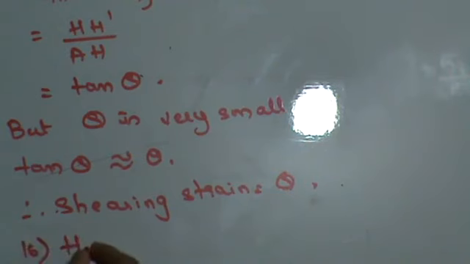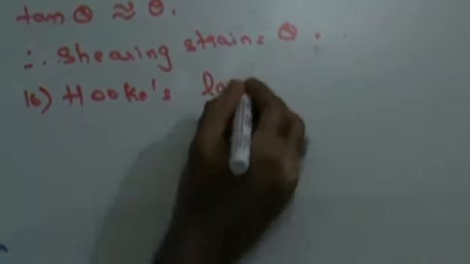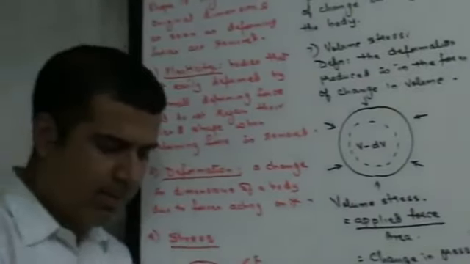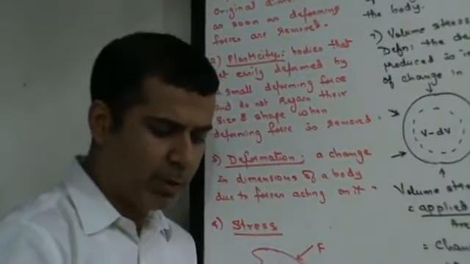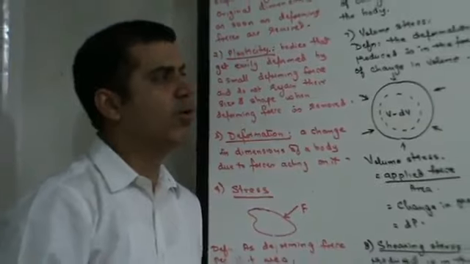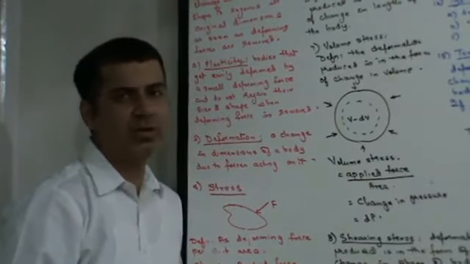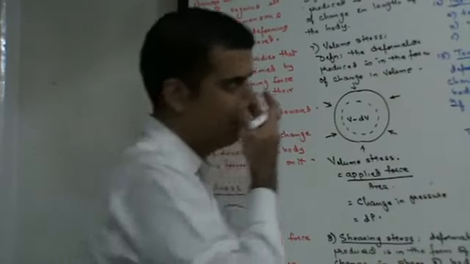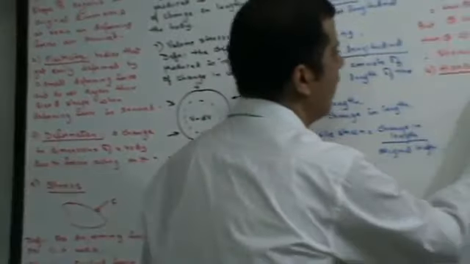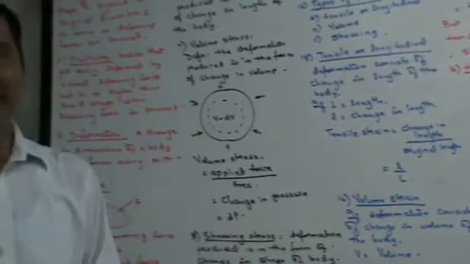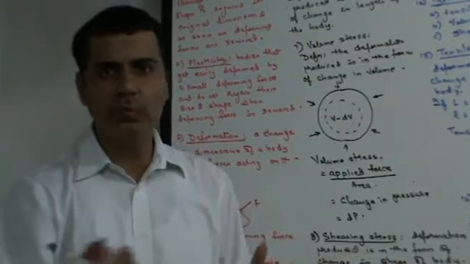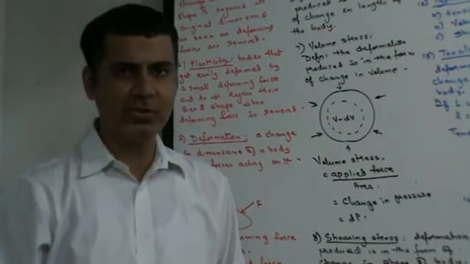Hooke's law. Now, first of all, before we go on to Hooke's law, let us first understand what is elastic limit. The maximum stress to which a body can be subjected without permanent deformation is called as elastic limit. When you apply force to a body, it gets deformed. When you remove the force, the body regains its original size and shape.